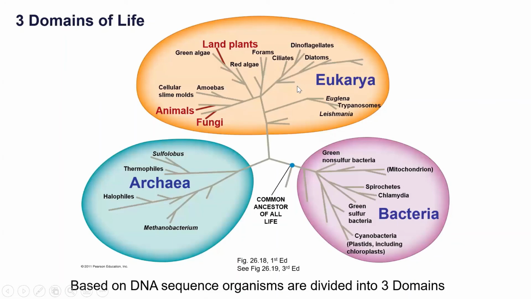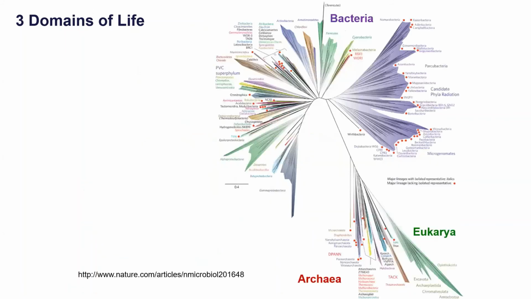All right, so back to our picture here of the eukaryotes, the archaea and the bacteria. And you can see there's the phylogenetic tree of life. I found a more recent publication showing the tree of life. I think that previous one I showed you isn't even in our textbook anymore. The one they have in the textbook is really ugly.